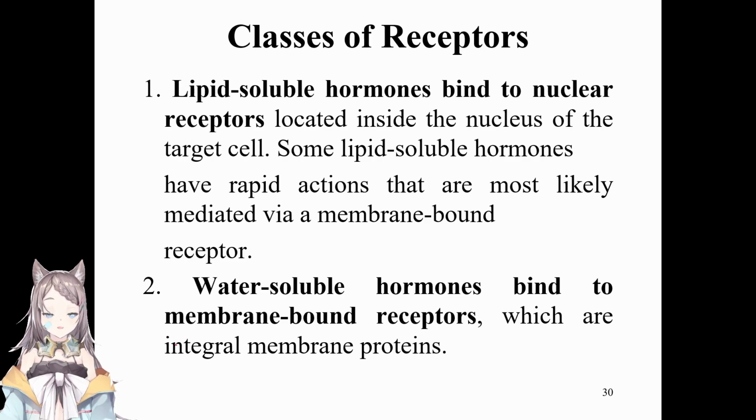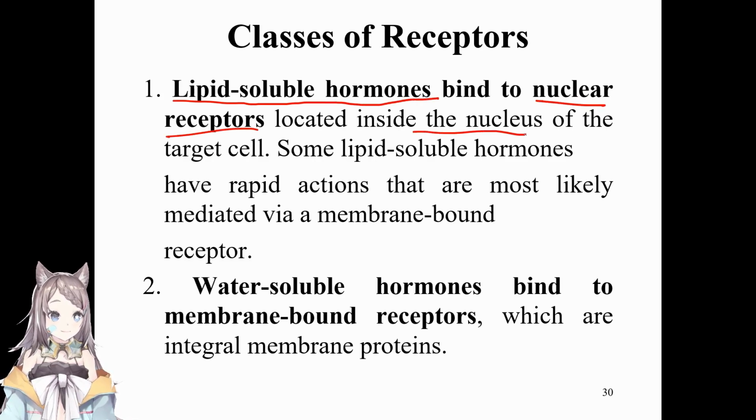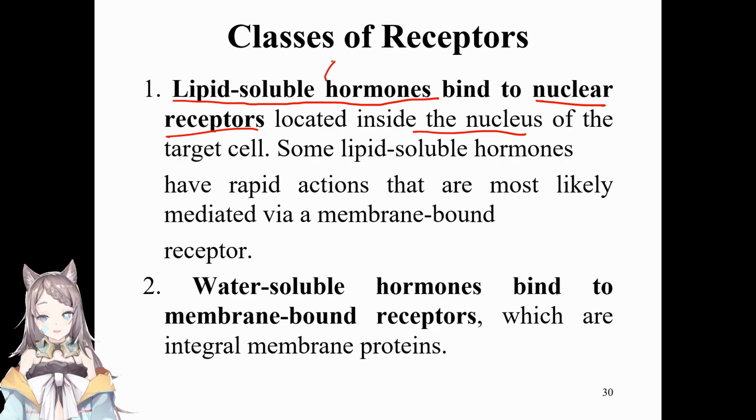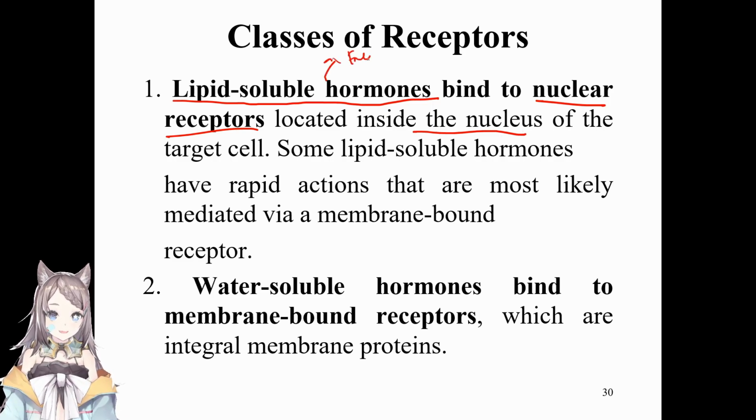Okay, so we have different classes of receptors. We have lipid-soluble hormones that bind to nuclear receptors, and we have water-soluble hormones that bind to membrane-bound receptors. First, we have our lipid-soluble hormones. They directly bind to nuclear receptors inside the nucleus because they are already lipid-soluble. They can freely enter the cell.